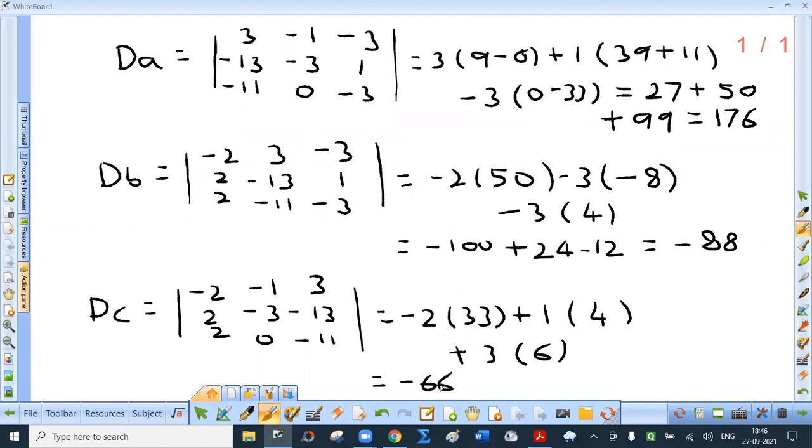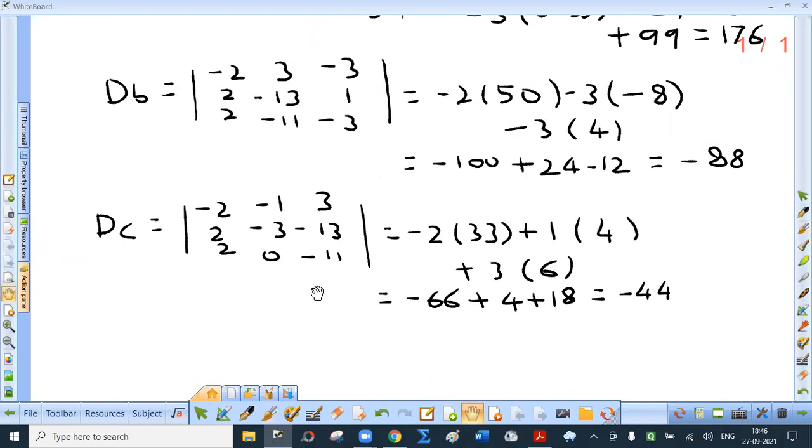So minus double 6 plus 4 plus 18, that is minus double 4. Minus 66 plus 4 plus 18 is minus 44.